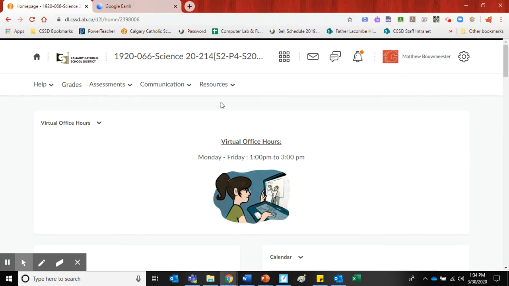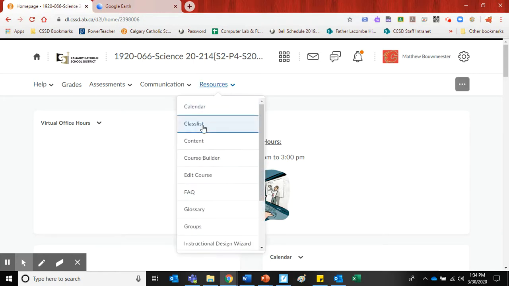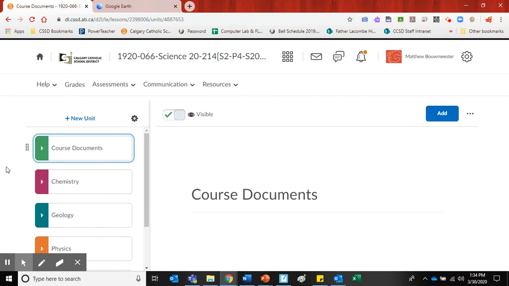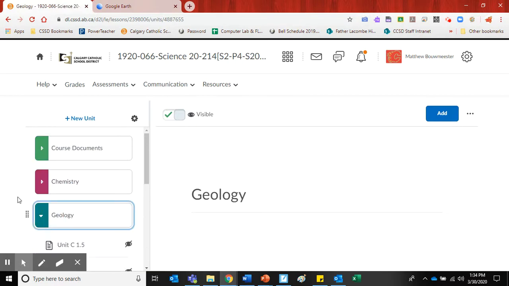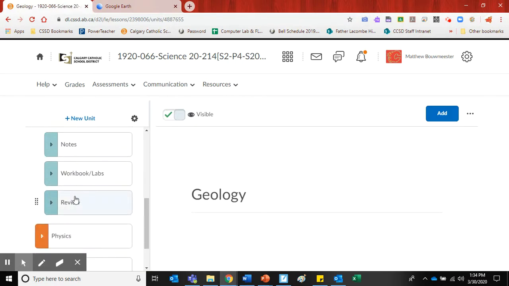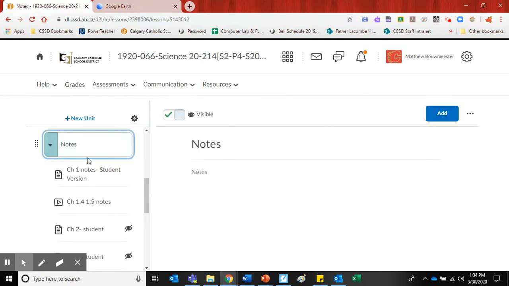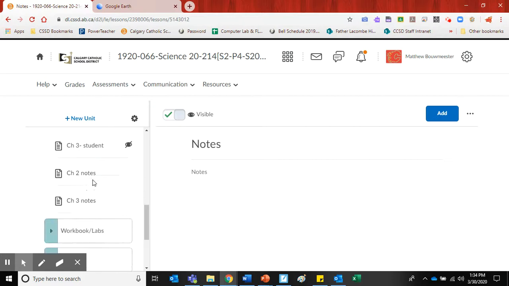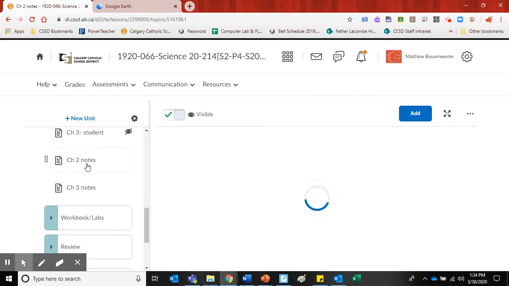First things first, before we jump into that, I wanted to direct you to Science 20. Hopefully we're checking out our D12 homepage, and under content, I've made sure the notes are complete, and hopefully we're going through them and reviewing all of the notes that we need to help study. So we see we have our notes organized. I've hidden the student notes that are just blanked, but what you'll see is chapter 2 notes there.